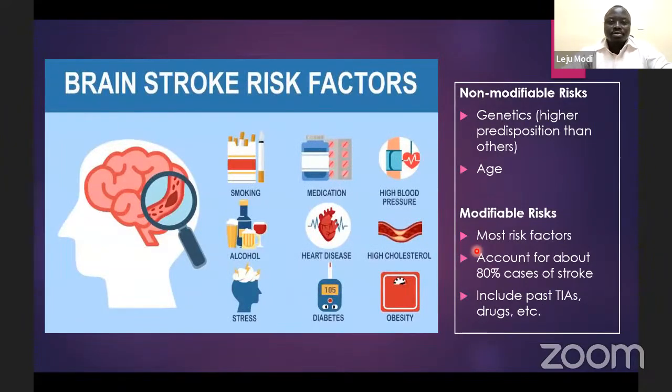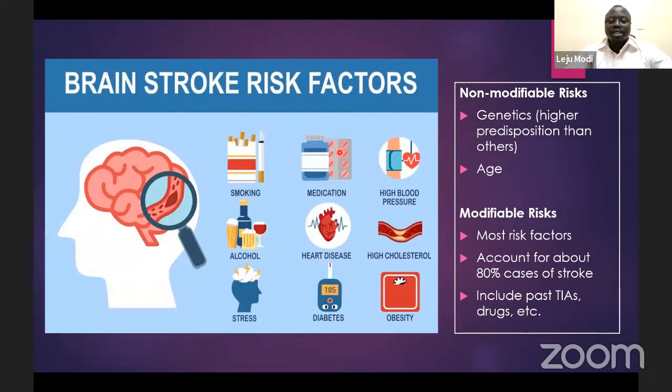Okay, and that brings me to the risk factors for stroke. Number one, even though they have not numbered them, from the left top row and going across, you see smoking. Big problem. As I said, of those who die below 65 of stroke, 2 out of 5 are attributed to smoking, mostly smoking cigarettes.